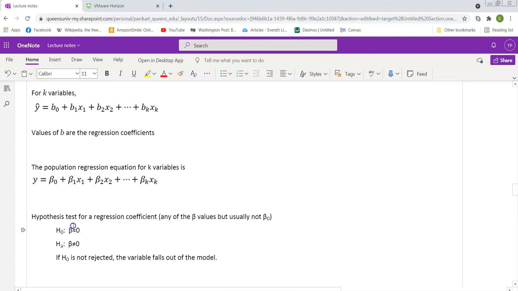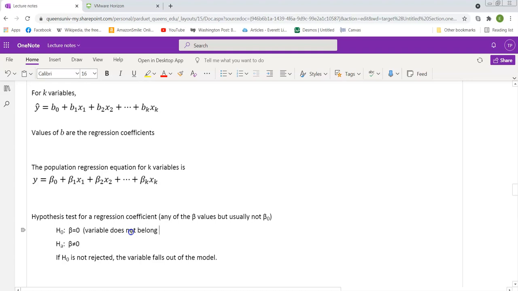And that's what this hypothesis test is doing. It's determining for each one of these variables, should we keep it in the model? And if we are stuck concluding that beta equals 0, this means that the variable does not belong in the model.